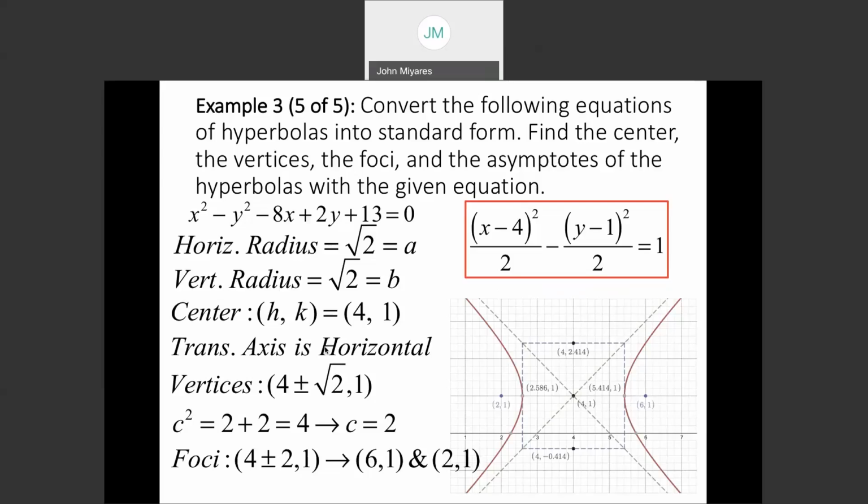In this case, our box is a perfect square. Since the a and b values are equal, we draw out our asymptotes through the corners, then construct a hyperbola to open left, right from the sides of the box, opening outward towards the asymptotes, but never crossing them. The foci are marked at (6, 1) and (2, 1), which are 2 units to the left and right of center.